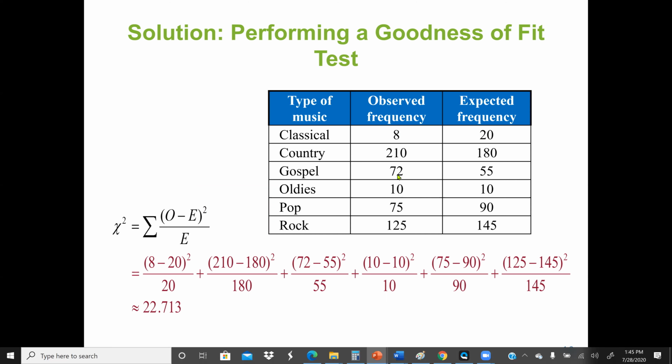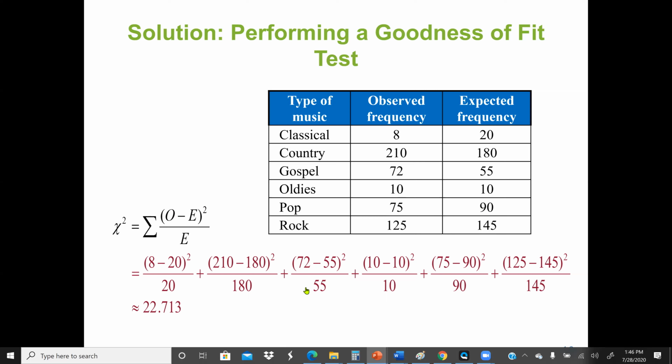The third one will be (72 minus 55) squared over 55. Then (10 minus 10) squared over 10, and (10 minus 10) squared over 10. Plus the pop is (75 minus 90) squared, expected is 90, divided by 90. Plus (125 minus 145) squared divided by 145. So our answer will be 22.713.